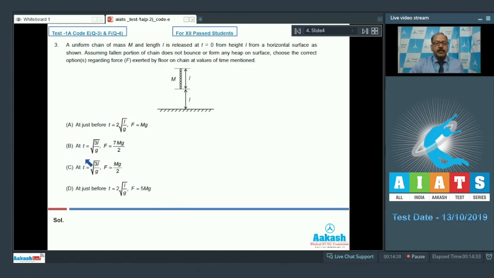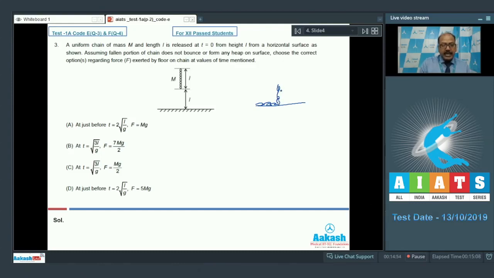Let's evaluate each and every option. We can find the force applied by the chain by using the concept that the force applied is also equal to rate of change of momentum. And another point, let's get it very clear. Let's say some part of the chain has fallen and some part is still vertical.